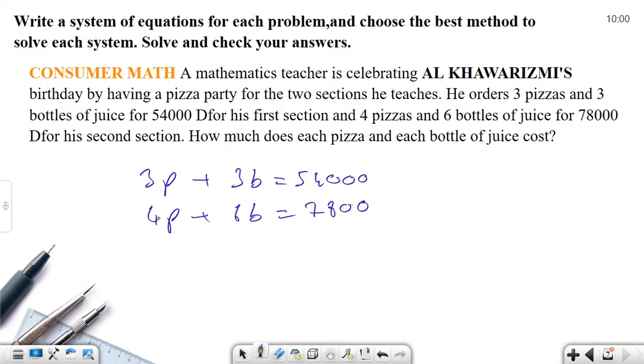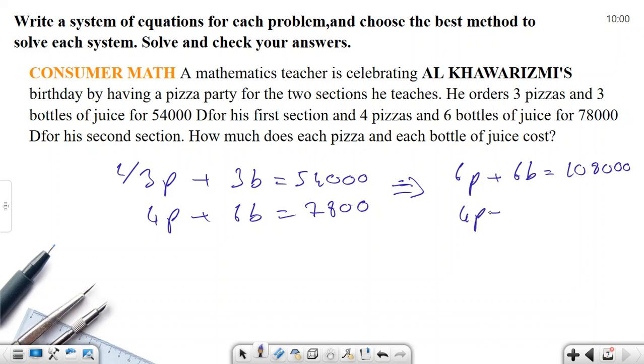As you see, 3 and 4, but 3 and 6, I can multiply that one by 2. It's going to change that way. 2 times 3, 6 pizzas plus 6 bottles of juice, 2 times 54,000, 108,000.